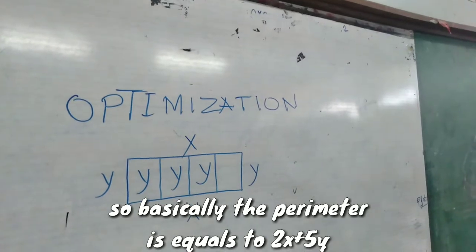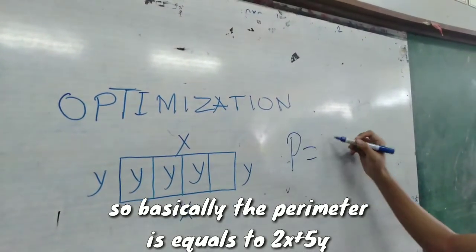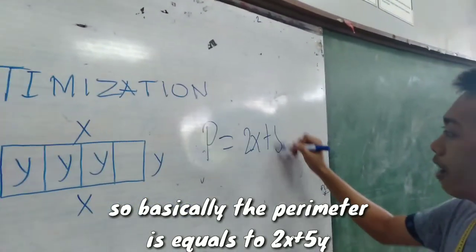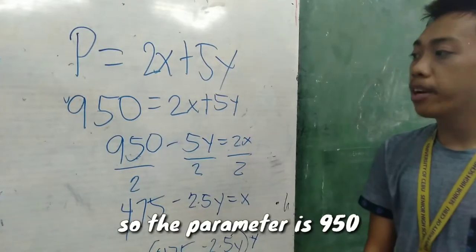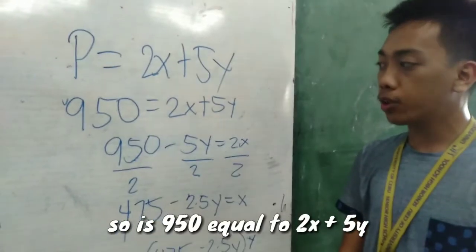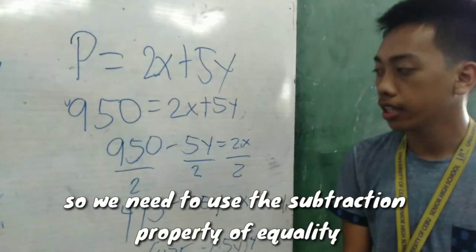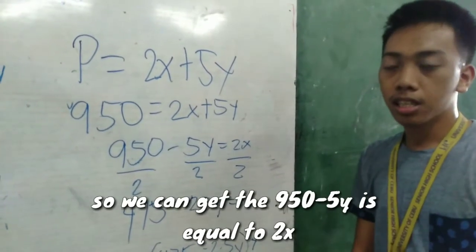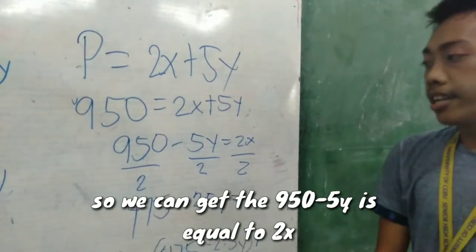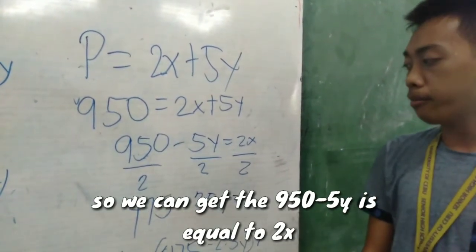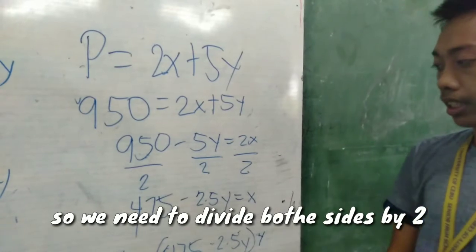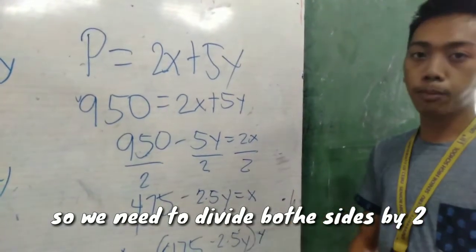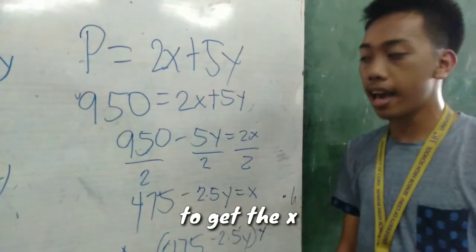So basically, the perimeter is equal to 2x plus 5y. The perimeter is 950. So 950 is equal to 2x plus 5y. We need to use the subtraction property of equality so that we can get 950 minus 5y is equal to 2x. We need to divide both sides by 2 so we get the x.